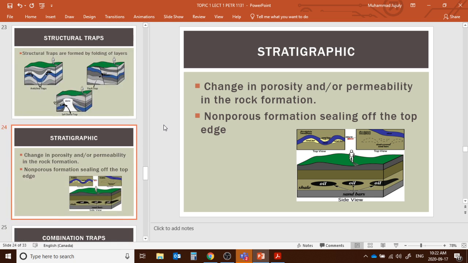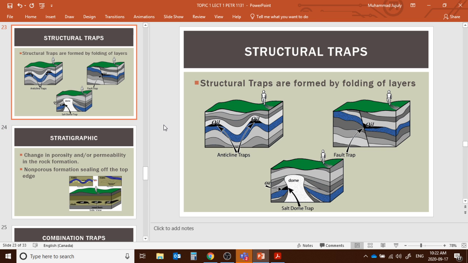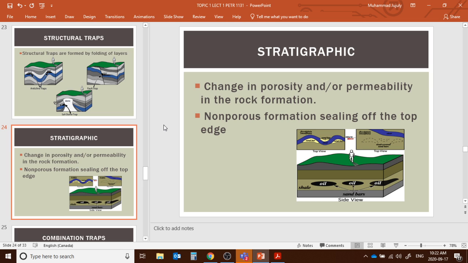And what are the stratigraphic traps? Stratigraphic traps are not like the structural traps, which form due to structural change of the Earth's surface. Stratigraphic traps are created by the change of porosity or permeability of the rock formation. For instance, here we have sedimentary rocks, but right above that, for any reason, we have igneous rock.